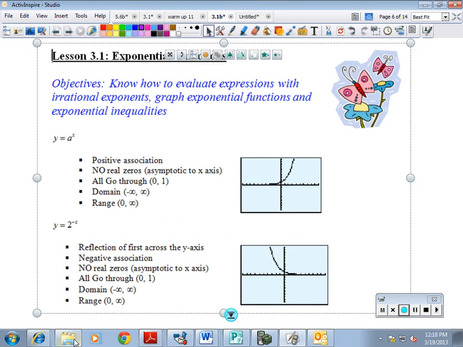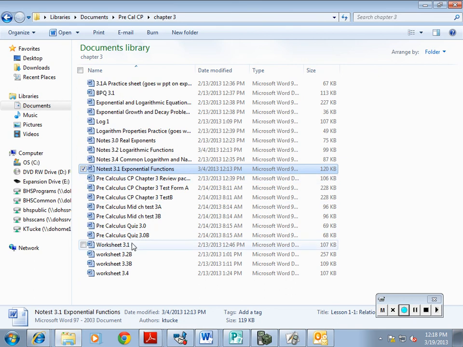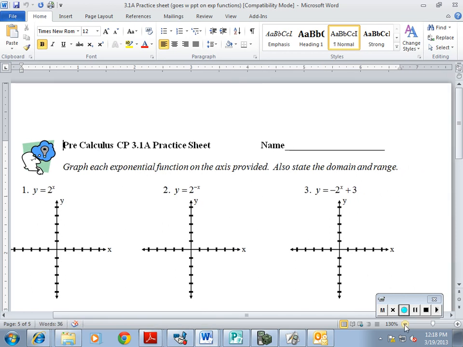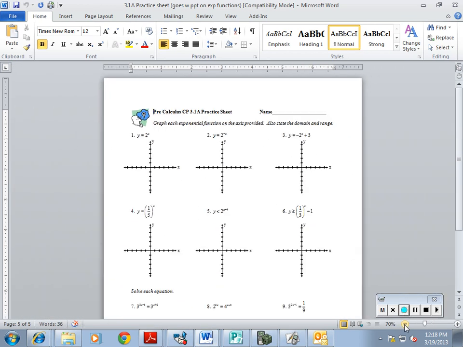And let me have the homework sheet pulled up here. What is this sucker called? Am I still recording?